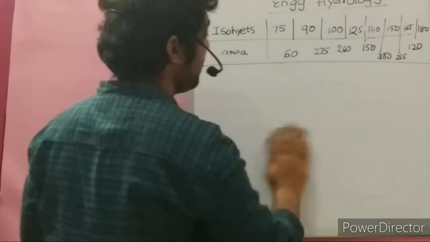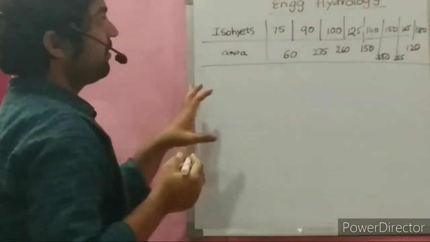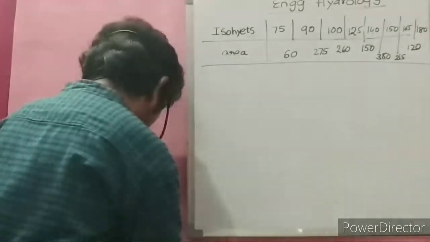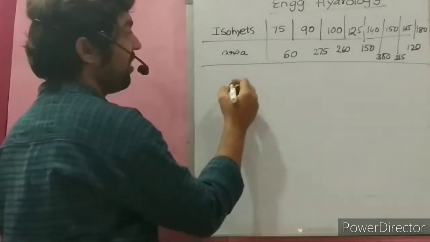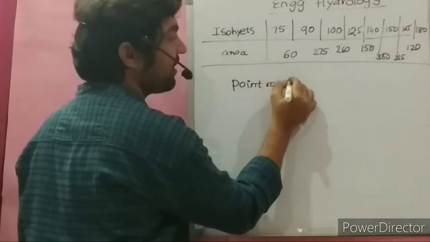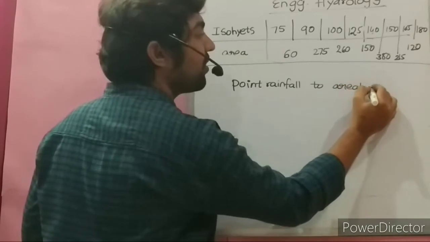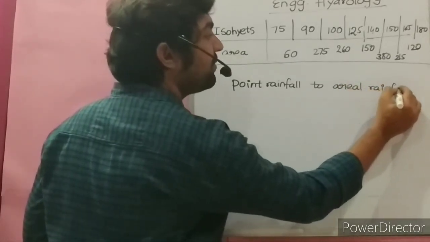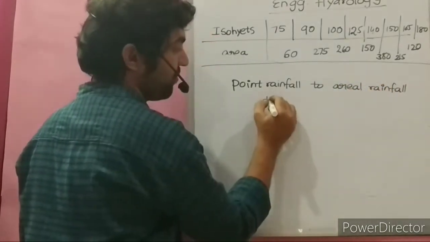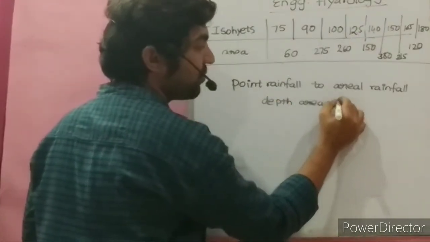This point rainfall is also known as station rainfall, that we have discussed. To convert point rainfall data to areal rainfall, we use the depth area duration curve.